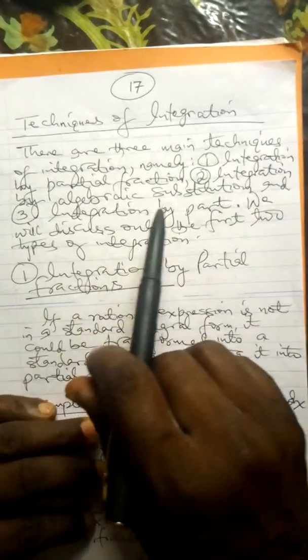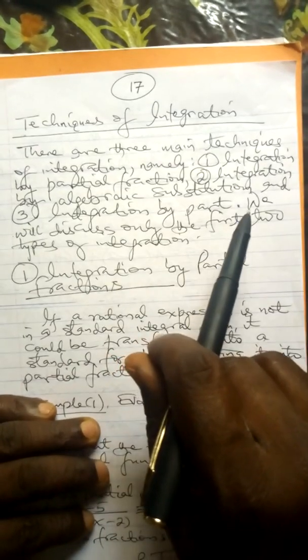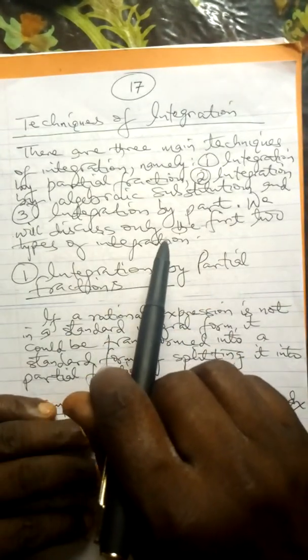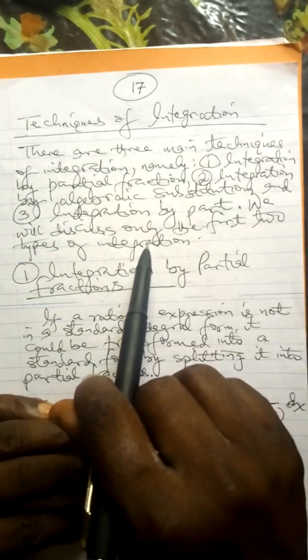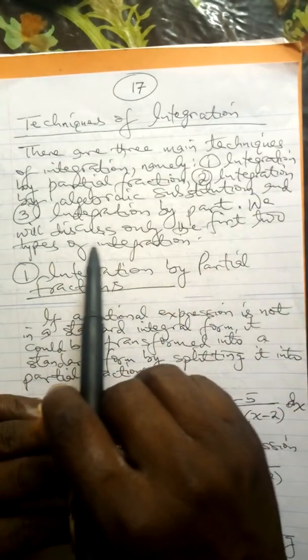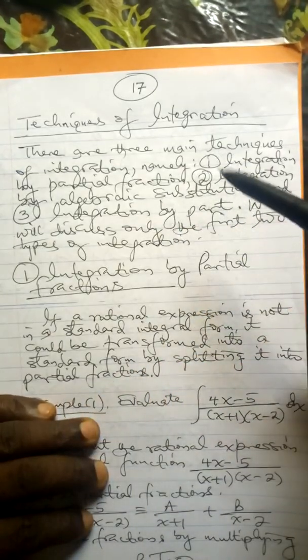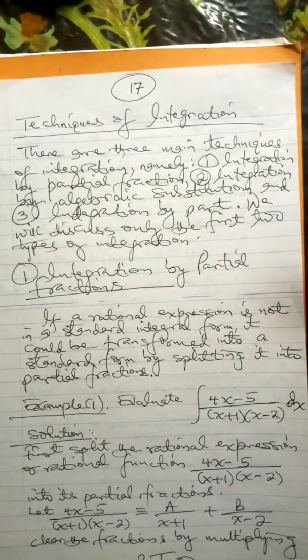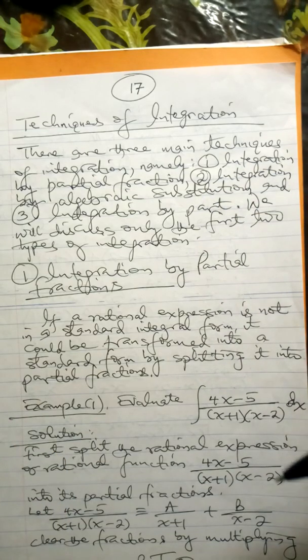Integration by partial fractions. 2. Integration by algebraic substitution. And 3. Integration by parts. We will consider only the first two types of integration, that is integration by partial fractions and integration by algebraic substitution.